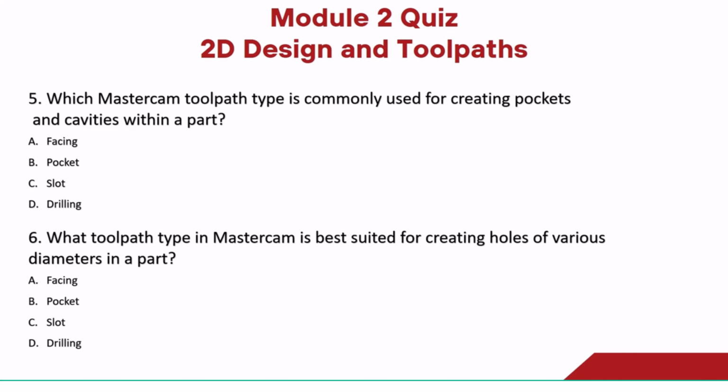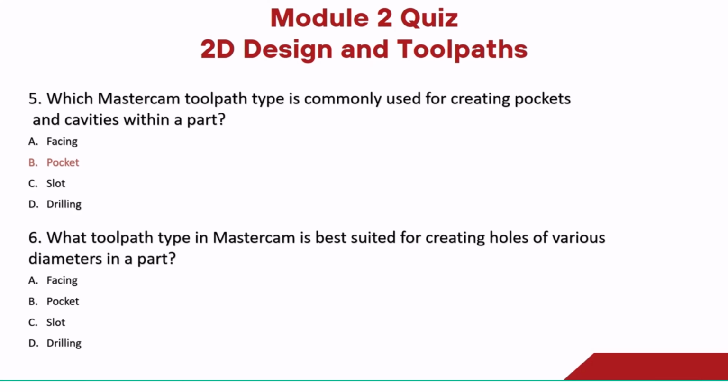So the right answer is option B, pocket. Pocket milling is commonly used to create pockets and cavities within a part. These pockets may be in a square form, in a round shape, or in an irregular shape.